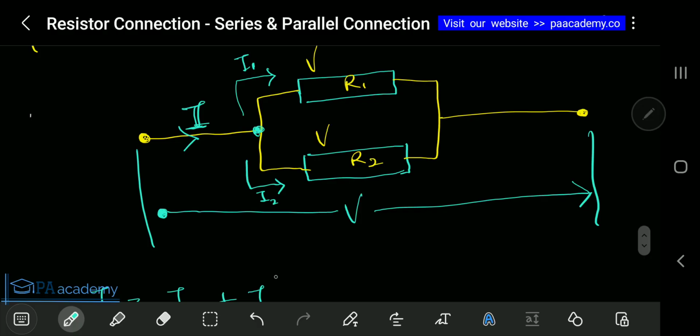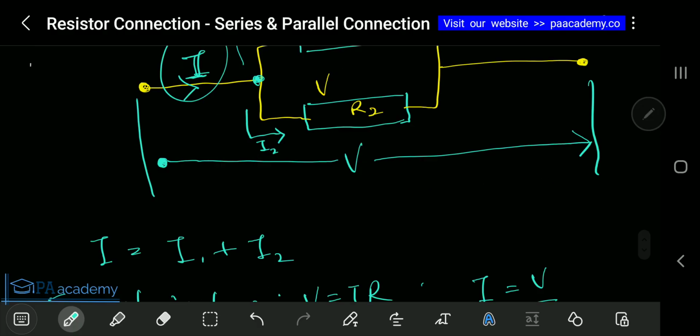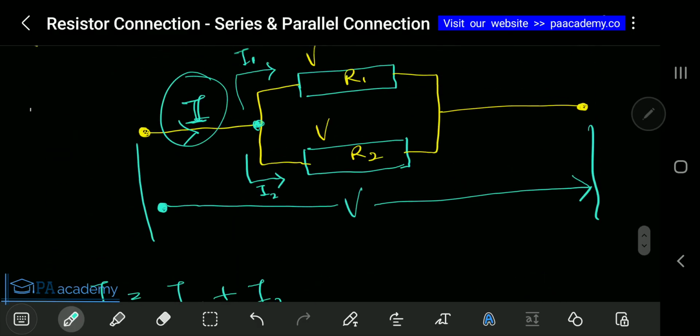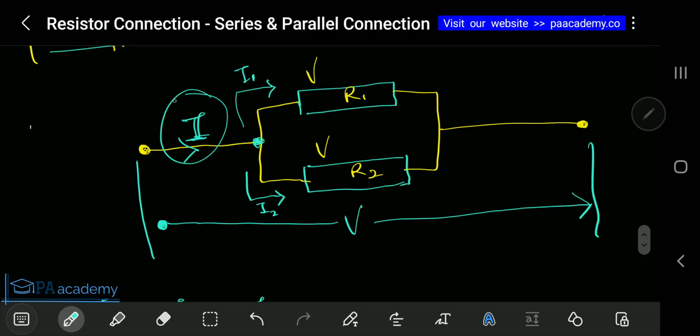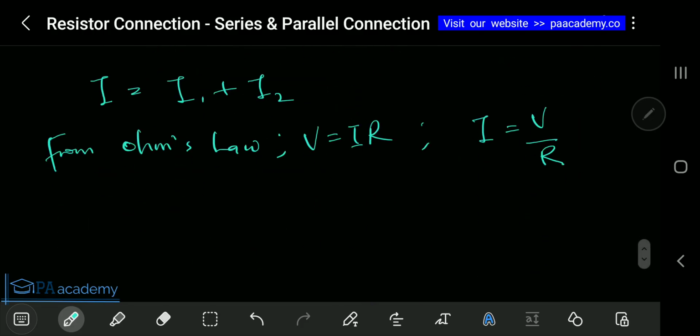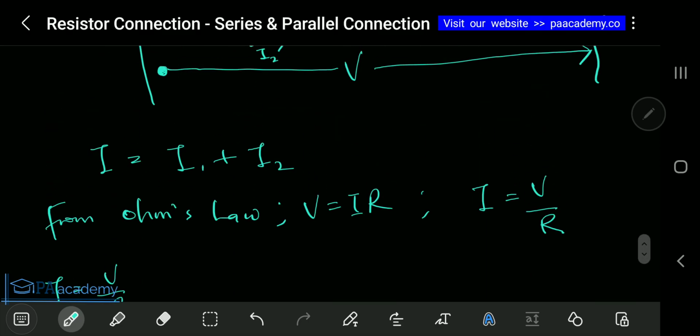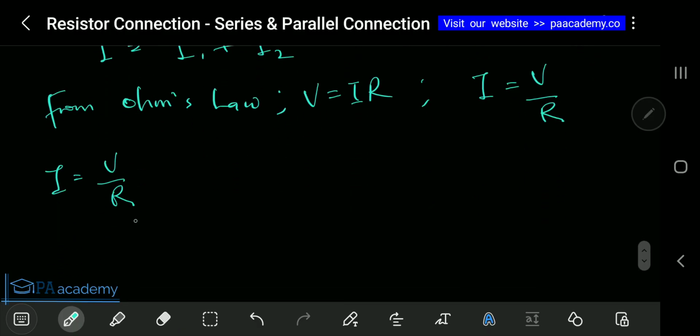If you calculate the current at this point, let's call it point O, the current there, I, is just going to be V over R, where this R is the equivalent or total resistance. Let me change my color there.